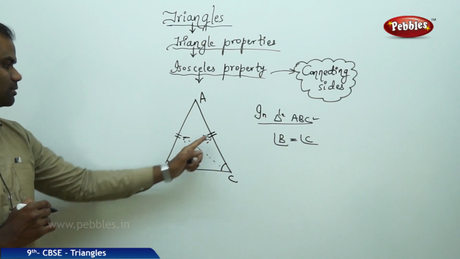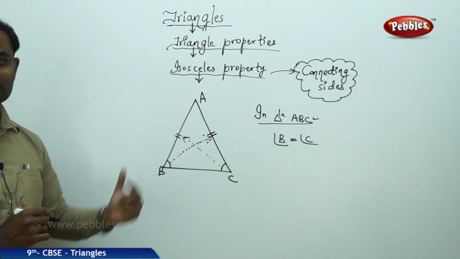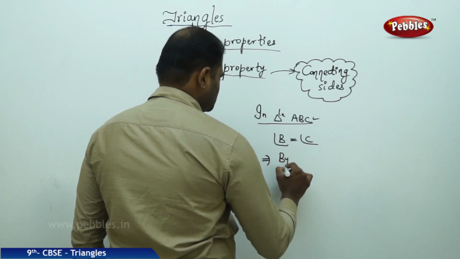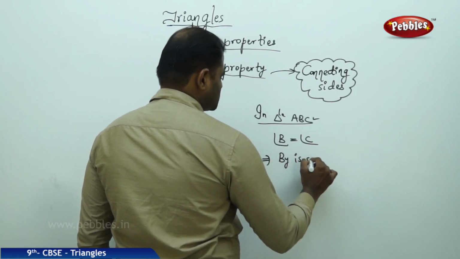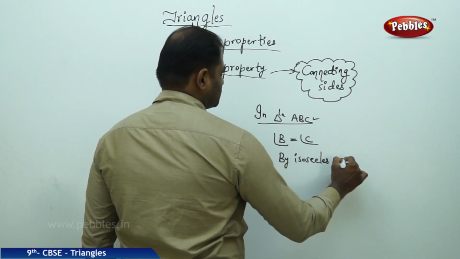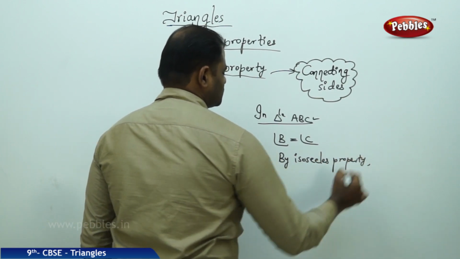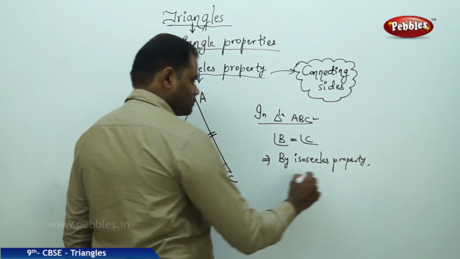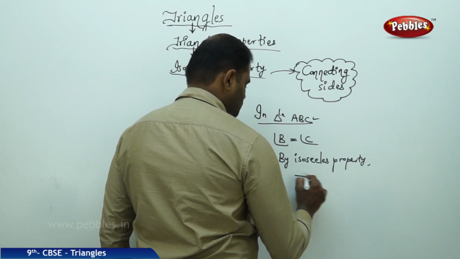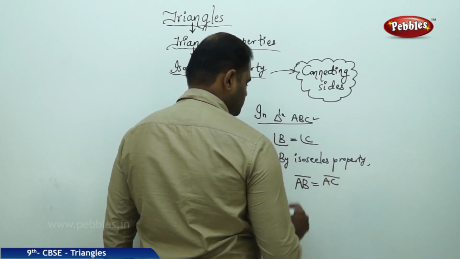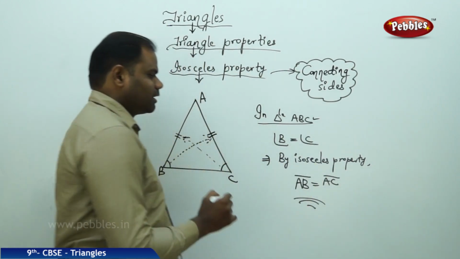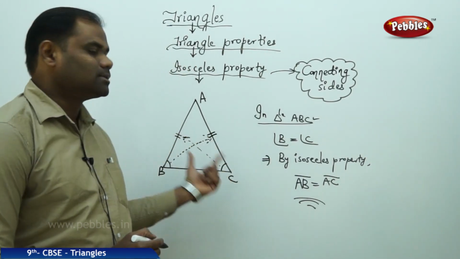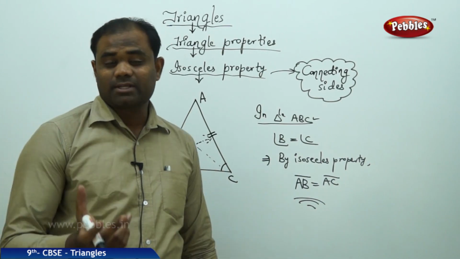The side opposite to this angle and the side opposite to this angle. That implies, by isosceles property, AB must be equal to AC. This is how I define the isosceles property connected with given the angles, sides are equal, or given the sides, angles are equal.